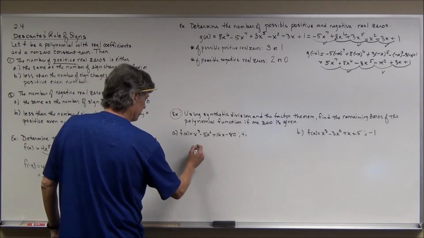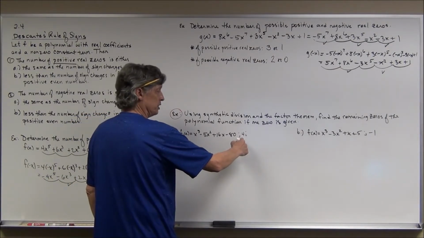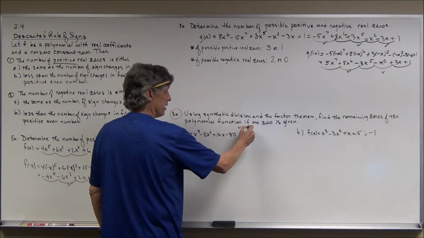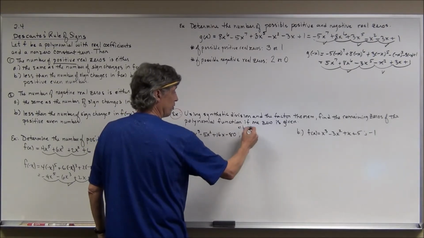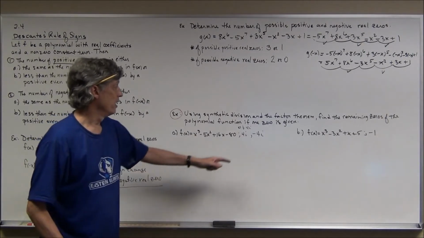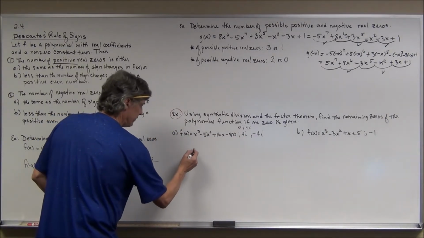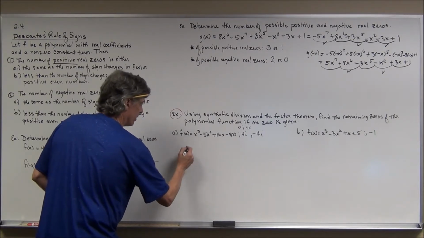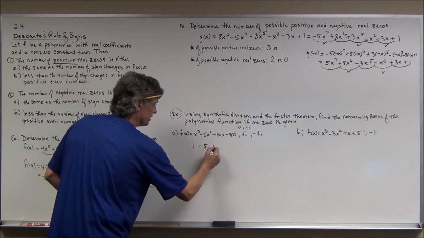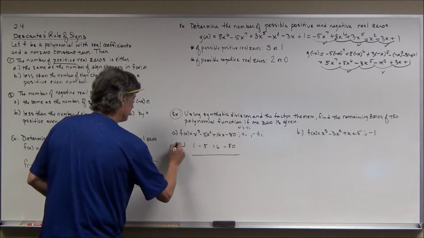I'm going to use synthetic division. By the way, if 4i, which is like 0 plus 4i, is a zero, with real coefficients, that means 0 minus 4i would be a zero as well. So we'd actually have 2 possible roots there. I'm going to go with 1, negative 5, 16, negative 80, and I'm going to use 4i.